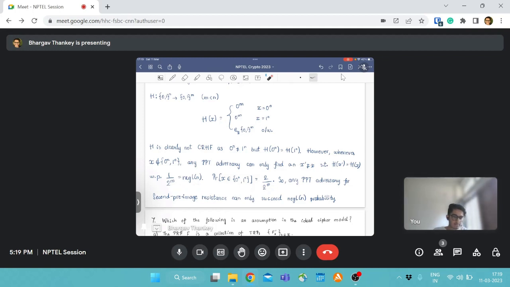So is this also a collision resistant hash function, since the probability is negligible? Okay, but what can a collision resistant hash function's adversary do, right? That adversary can pick any two x and x' such that this happens.